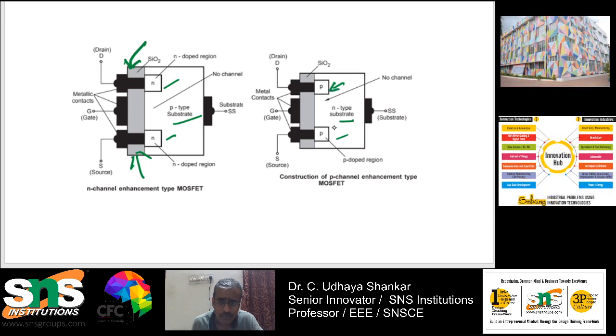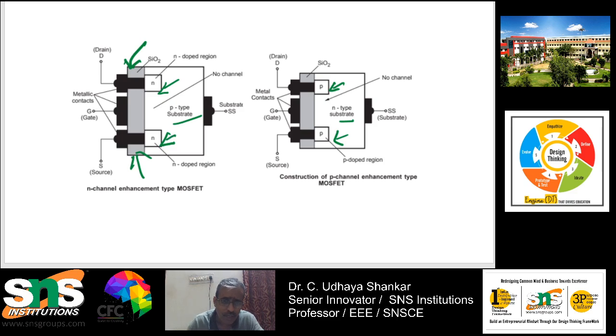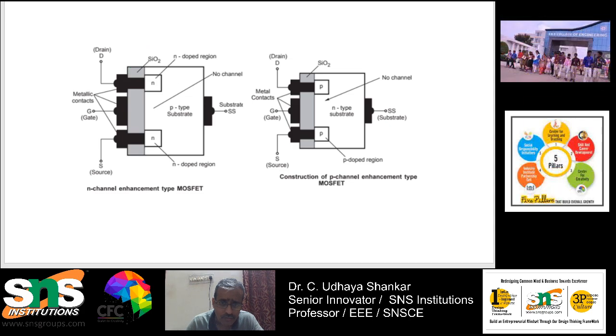If you have P, it is called P channel, so the channel formed will be in the form of P. If you have N here, then it is called the N channel. So this is how it looks. Just a minute, I will delete these markings. This is what I wanted to convey to you.